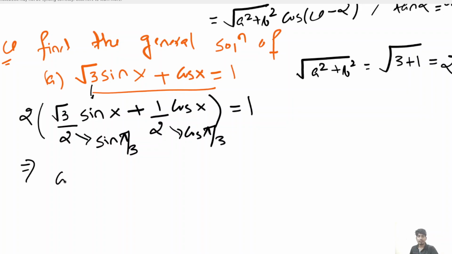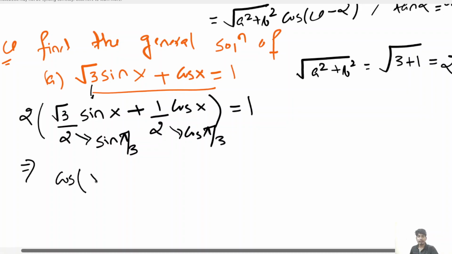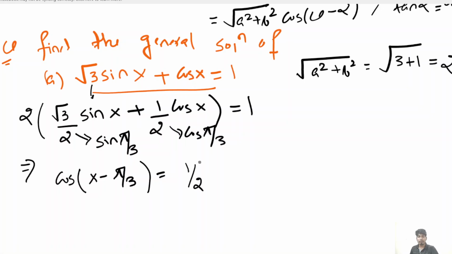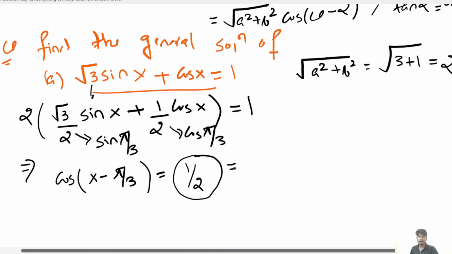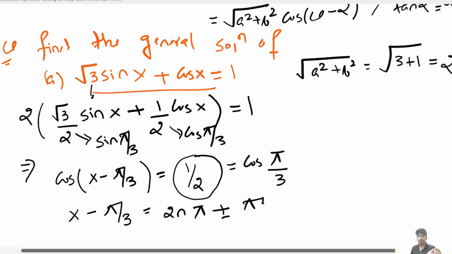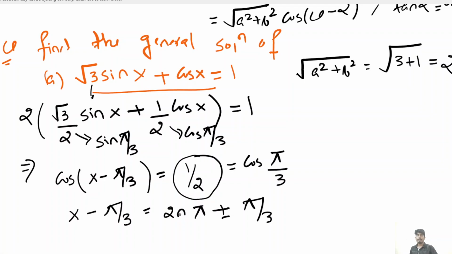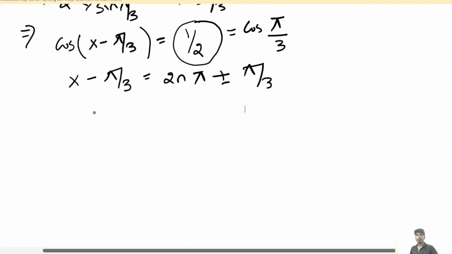This is cos of x minus pi upon 3, and 1 upon 2 is cos of pi upon 3. Then cos theta is cos alpha, so theta is equal to 2 n pi plus minus alpha. Alpha is pi upon 3. Once we take negative and once we take positive.